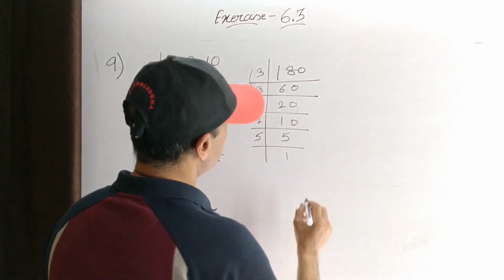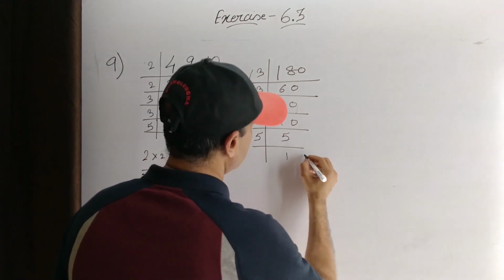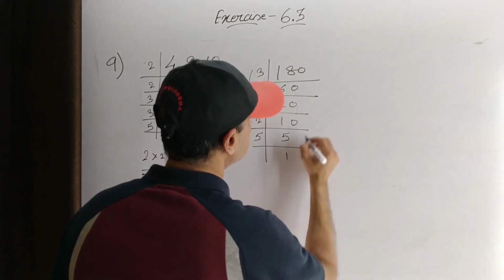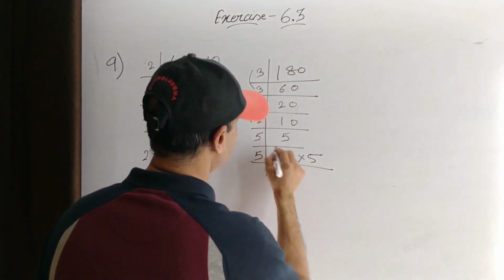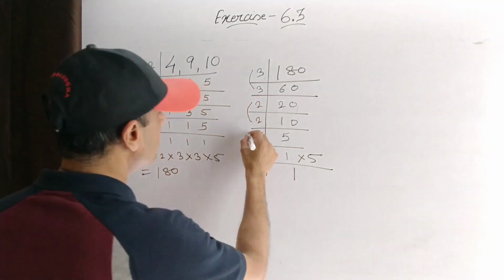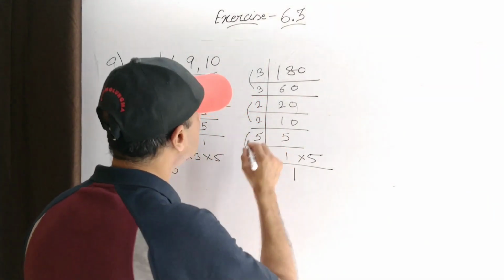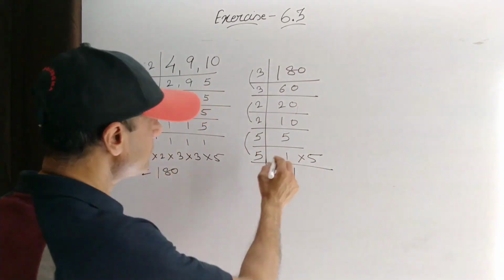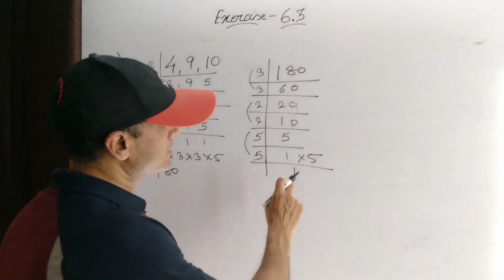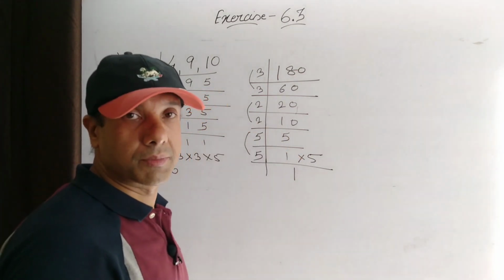So suppose we multiply 180 into 5. Okay, so we'll multiply this 5 and again proceed with factorization and we'll get a 5 also in pair. Now this number has become a perfect square and this is the smallest possible number. Clear?